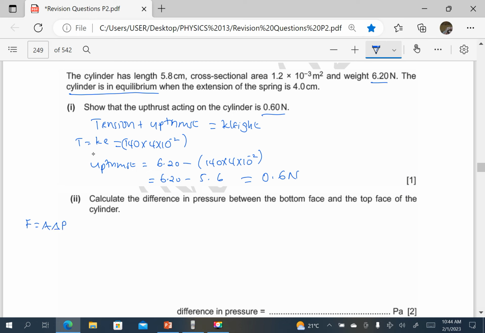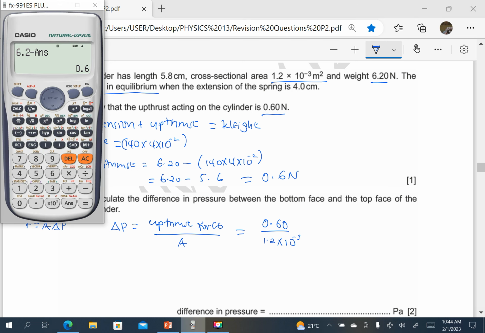It therefore implies that the difference in pressure is equal to the upthrust force divided by the area, which in this case is 0.60 newtons divided by the area, given as 1.2 times 10 power negative 3.